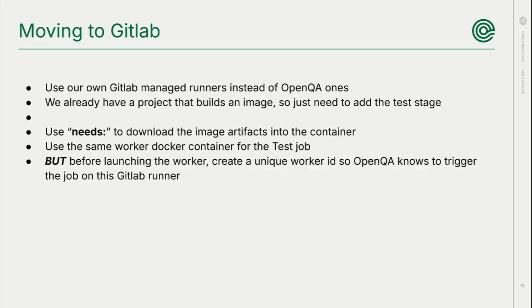In our test stage, we will download using needs, so the test stage will have the image. We will use the same Docker container as what openQA provide, but before we actually launch the worker that's in that container, we're going to create a unique ID so that when we tell openQA we have a test job, openQA knows to trigger it on the GitLab runner.